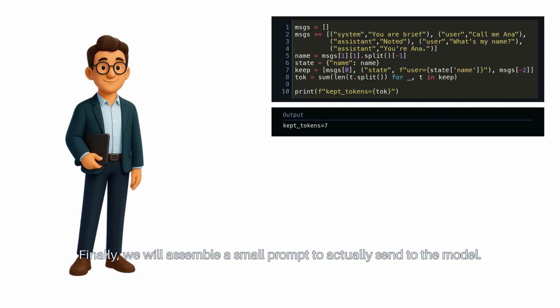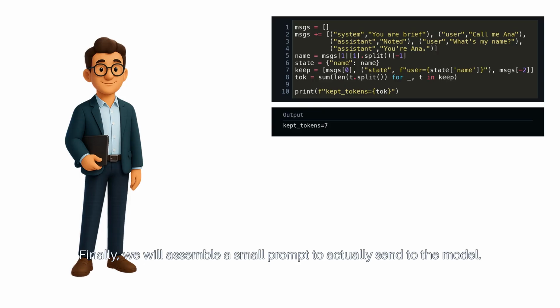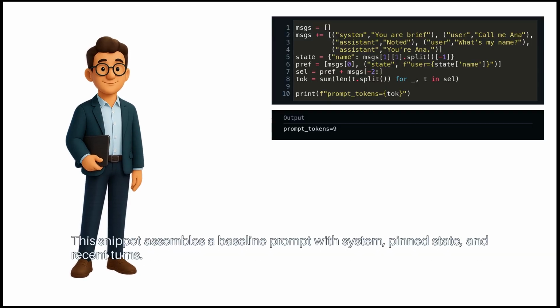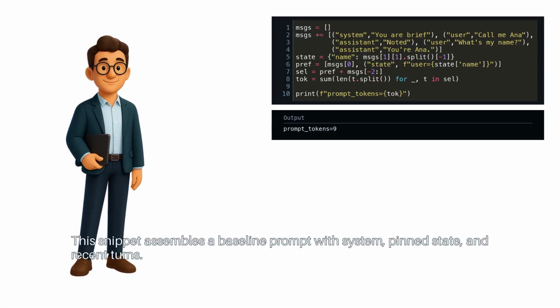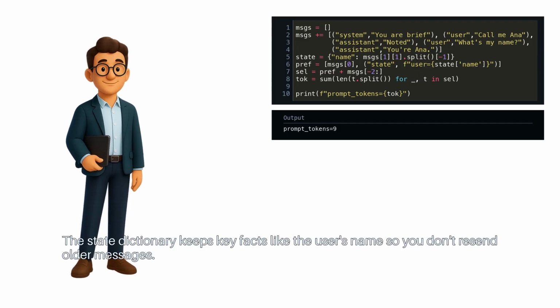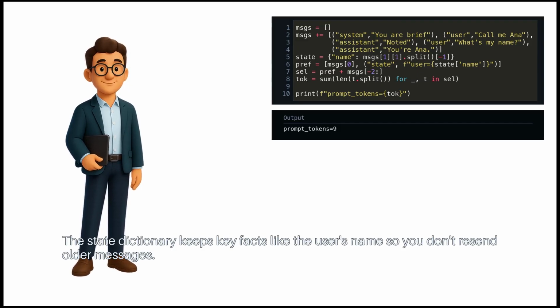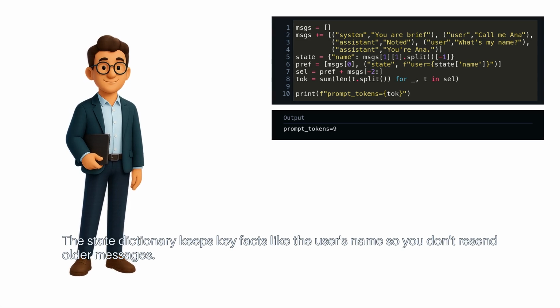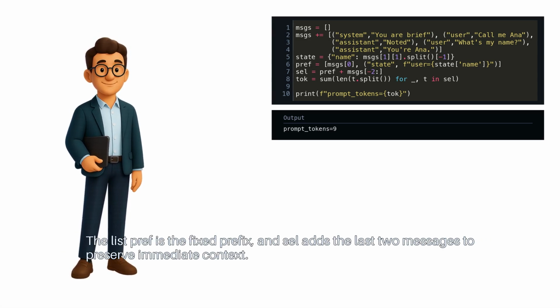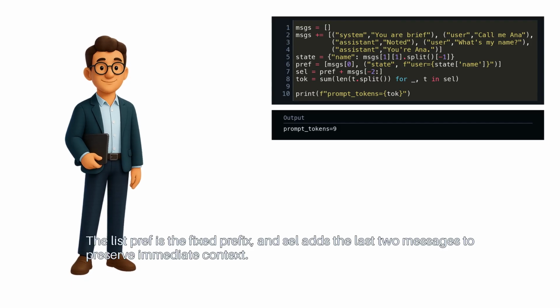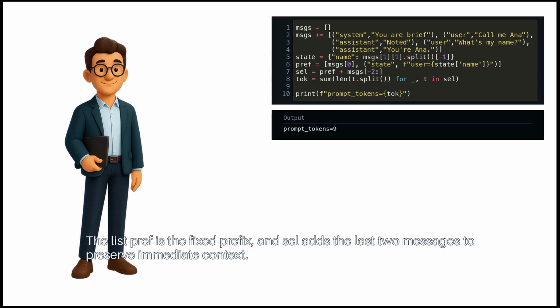Finally, we will assemble a small prompt to actually send to the model. This snippet assembles a baseline prompt with system, pinned state, and recent turns. The state dictionary keeps key facts like the user's name, so you don't resend older messages. The list prefix is the fixed prefix, and the recent list adds the last two messages to preserve immediate context.